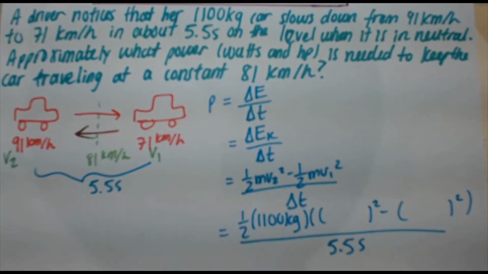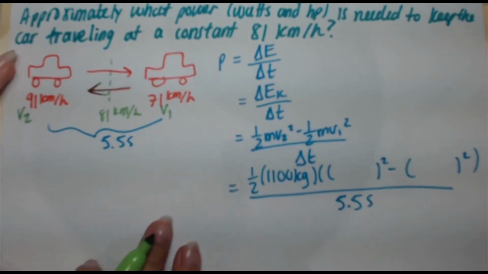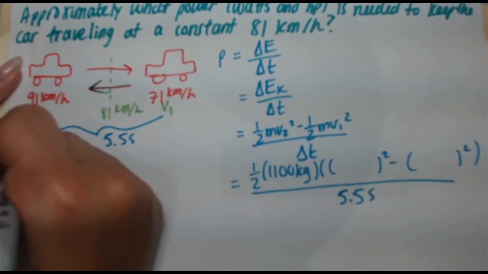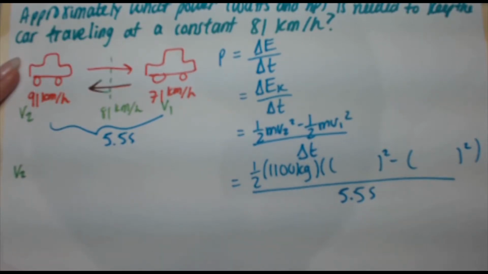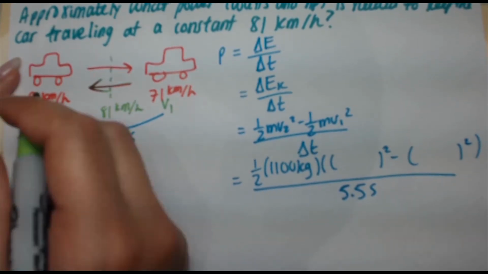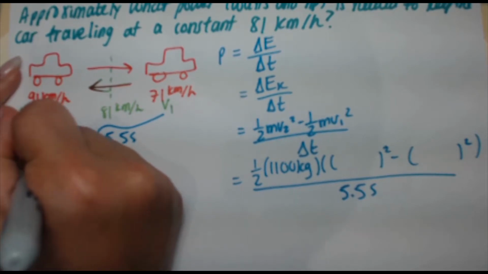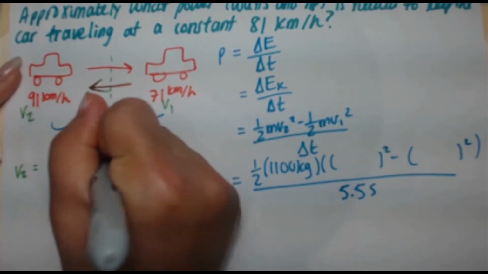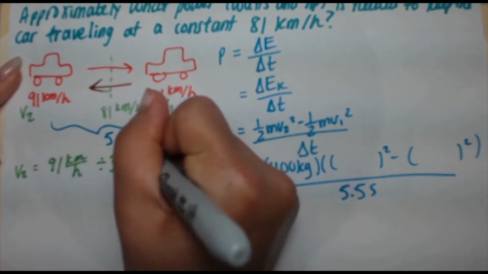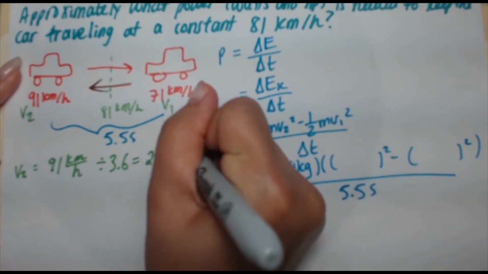Okay, so let's do our conversion down here. If you saw video 115, I explained how you do the conversion. If you haven't seen it or you don't know how to convert between kilometers per hour and meters per second, please check out video 115 and then come back to this one. I'm just going to go ahead and use a shortcut. 91 kilometers per hour divided by 3.6 equals 25.3 meters per second.